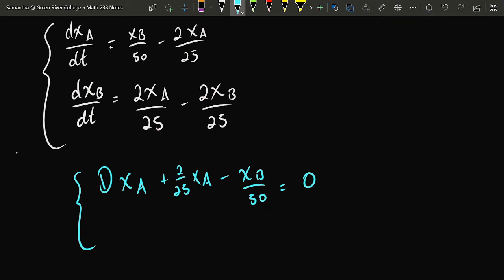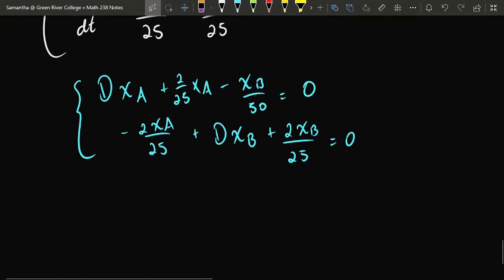Likewise, I'm going to pull the 2xa over 25 to the left side in the second equation. I'm going to rewrite dxb dt as the differential operator applied to xb. And I'm going to pull over that final term plus 2xb over 25.